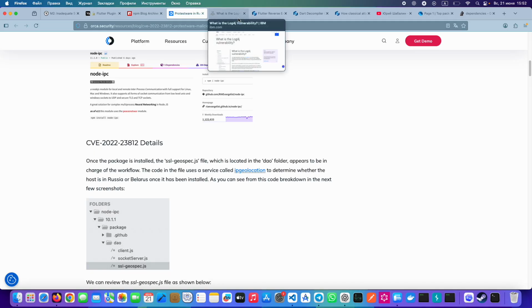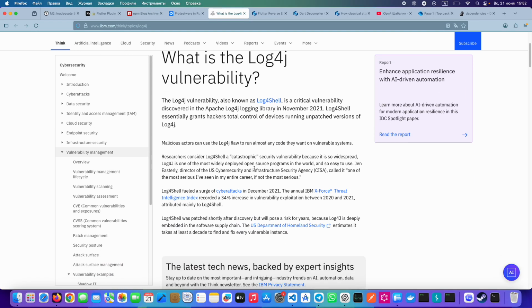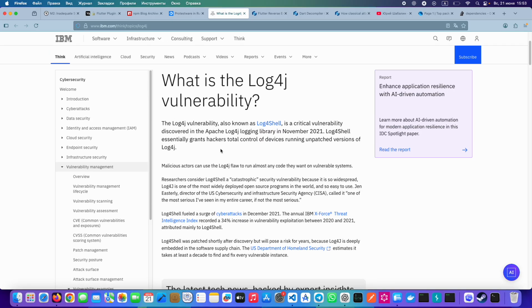And there was another package called Log4j. In the case that I told you about, if your mobile application was compromised, it means that it's bad.